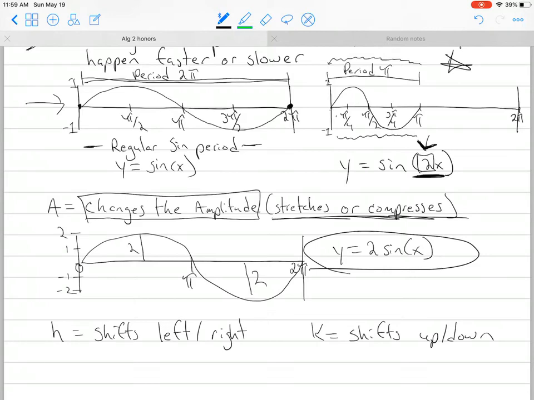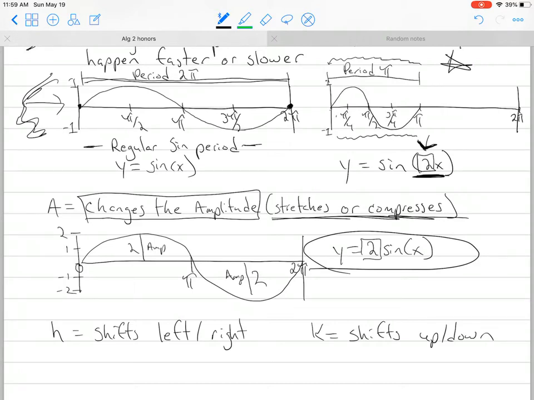But notice now, instead of going just to 1, like in the unit circle up here that goes from 1 to negative 1, since my A value is 2, I changed the radius basically of that unit circle. Everything that was 1 is now doubled. So this now goes up to 2. So the amplitude is 2 on each side instead of just 1.